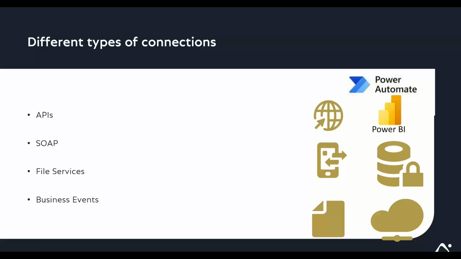We have different file services like OneDrive, SFTP, and so on. And we have business events which are connected to Power Automate, for example. And all these types of connection need different test approaches, or at least a good architecture to test these things.